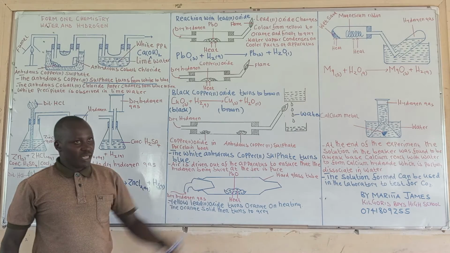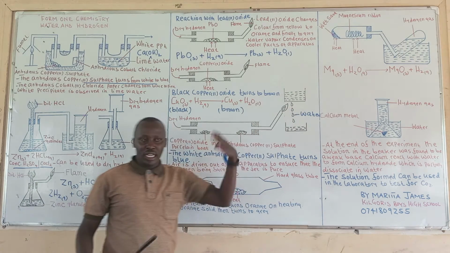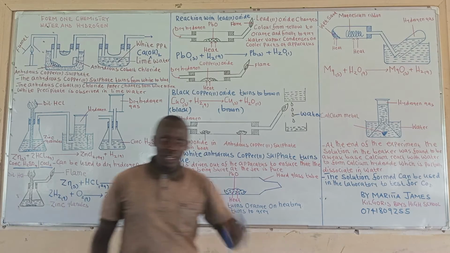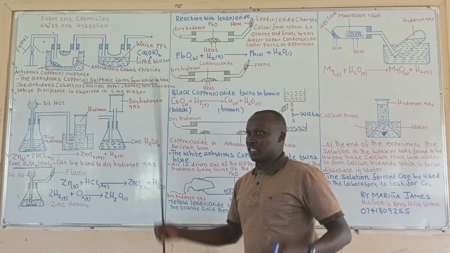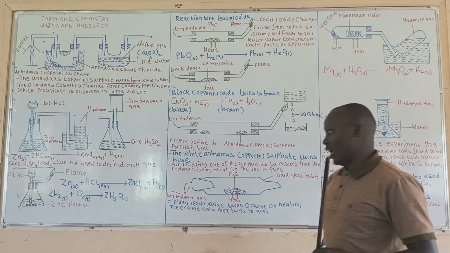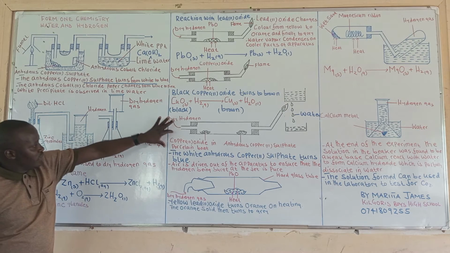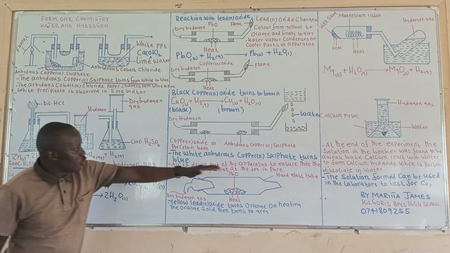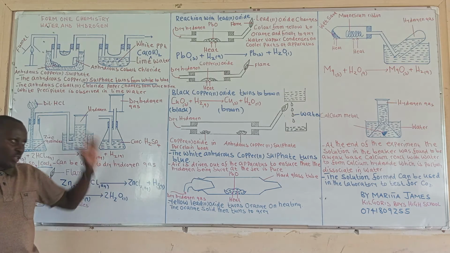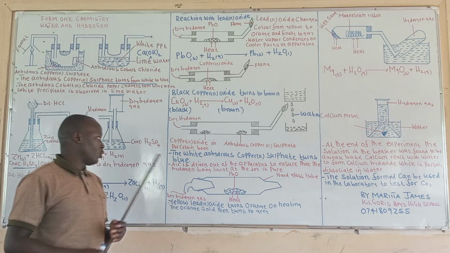So to carry out a chemical test to show that the liquid produced there is water, you normally use anhydrous copper(II) sulfate or cobalt chloride paper, as we have said in our first diagram. What you can say from this experiment is that the white anhydrous copper(II) sulfate turns blue, as we have said, to confirm that the liquid produced is water.